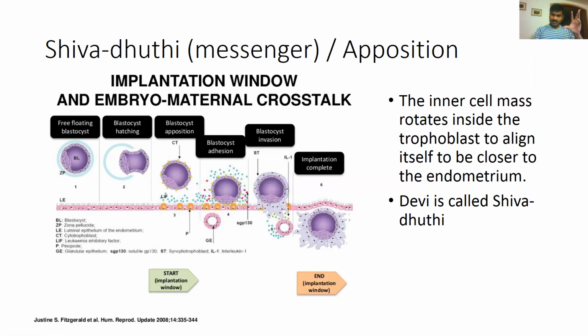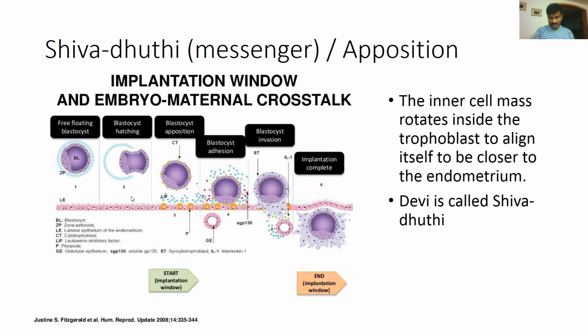And then what happens is the blastocyst turns, or it orients. The blastocyst has got two parts. One is the outer layer of cells, which we call as Shakti, and the inner cell mass. Now it has got the inner cell mass, which is a condensed form of all the essence, which is going to become a baby.